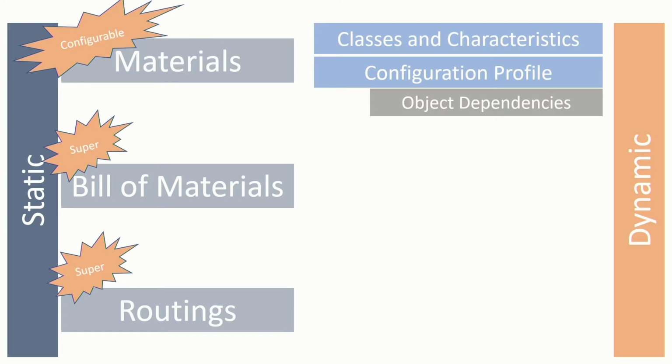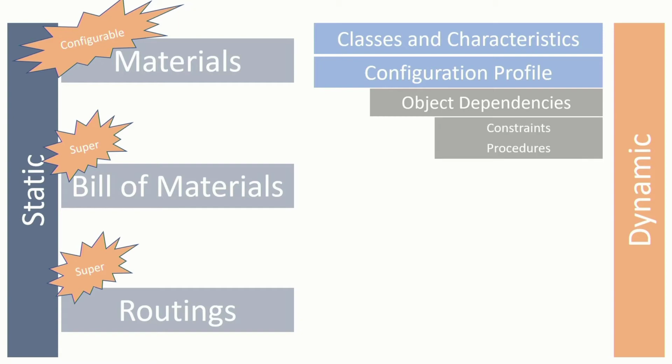We need a configuration profile attached to that material, and all that does is hold some of our object dependencies. This is like code, not ABAP. I'll talk about that later. It also defines how we want our configurable material to behave, because sometimes for some models we still need manual intervention, more of an engineer-to-order scenario, for example.